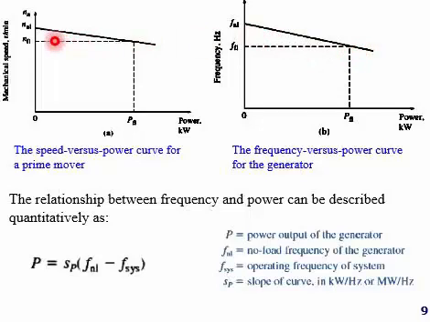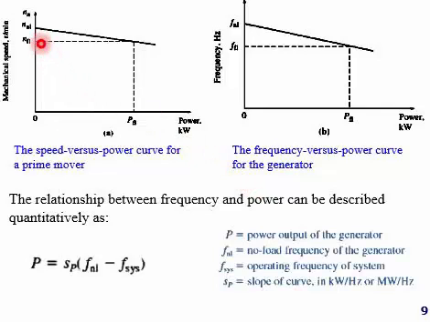Both speed and frequency are on the y-axis, while on the x-axis we have the power in both cases. So the speed versus power curve is for a prime mover, and similarly the frequency versus power curve is for the generator.